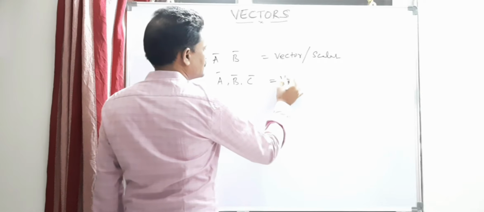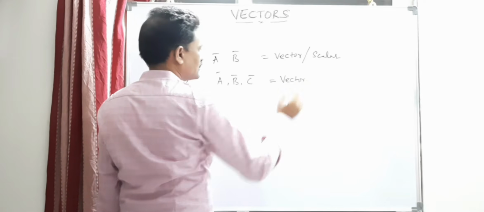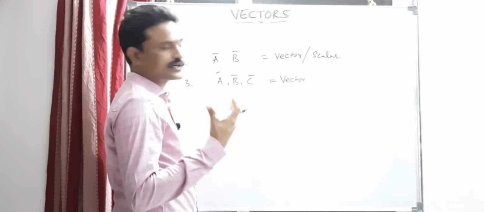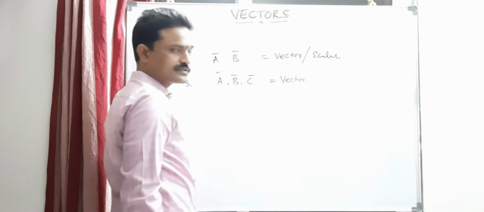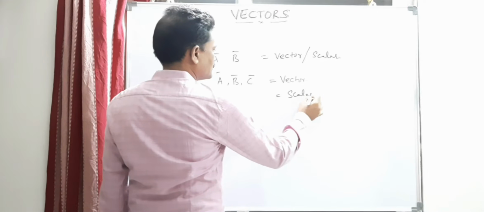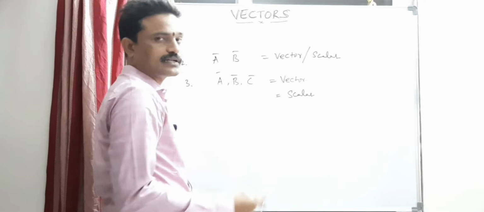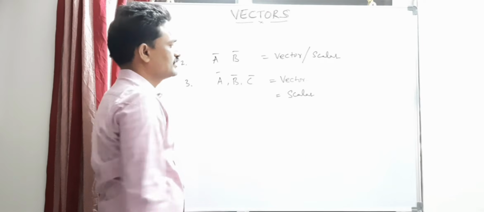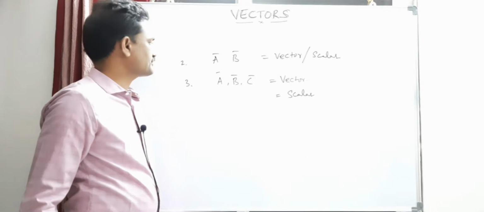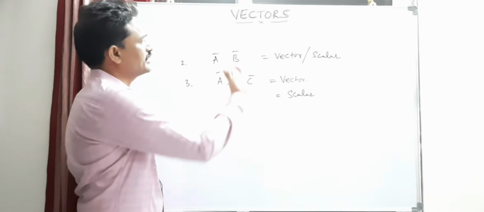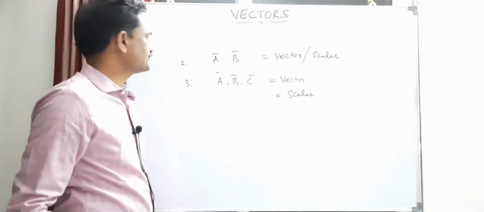One is the result may be a vector, then that is called vector triple product. That is three vectors when multiplied the result is vector. Then you can have scalar triple product also. That means the result is a scalar. After multiplication of three vectors, you are getting a result as a number, that is a scalar. So these are the names depending upon the resultant.